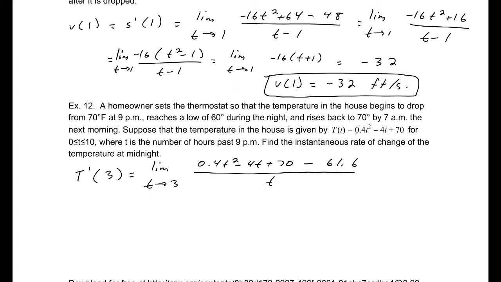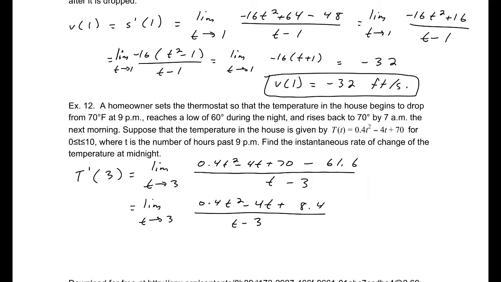And that is over t minus 3. Evaluating that at 3, that is right. So that is 8.4. The next line, limit as t approaches 3 of 0.4t squared minus 4t plus 8.4 over t minus 3.